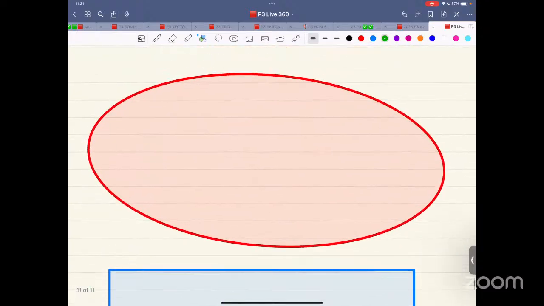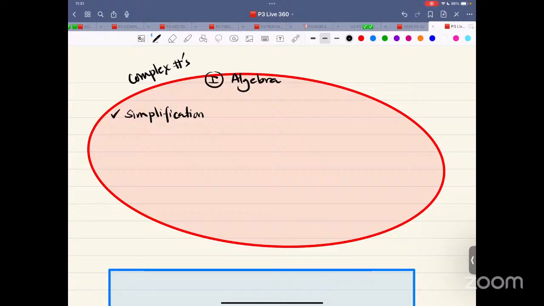Now when we are talking about complex numbers and algebra, this is part 1, algebra. In algebra there is too much simplification required. And what else?